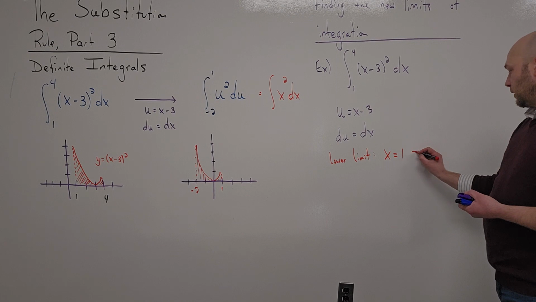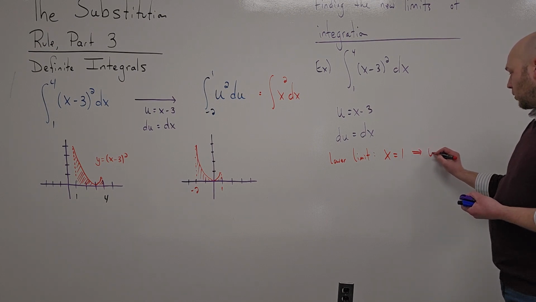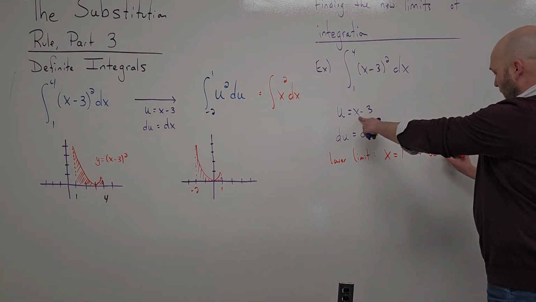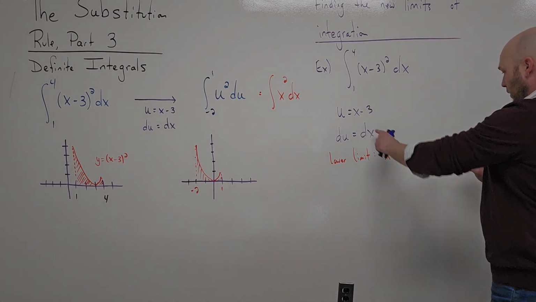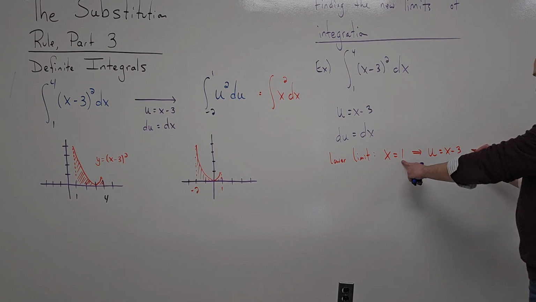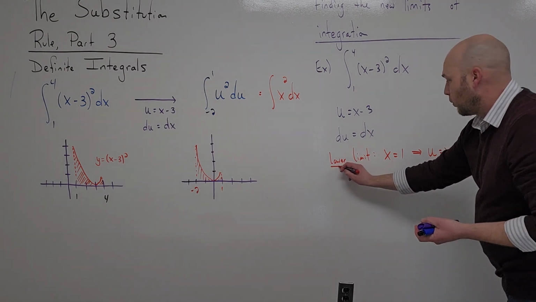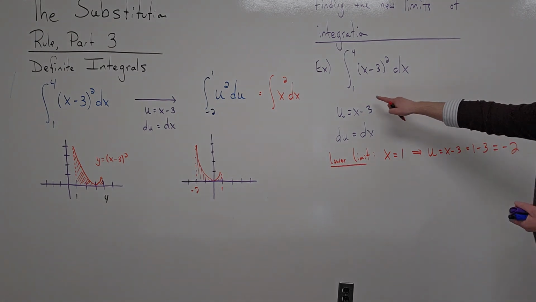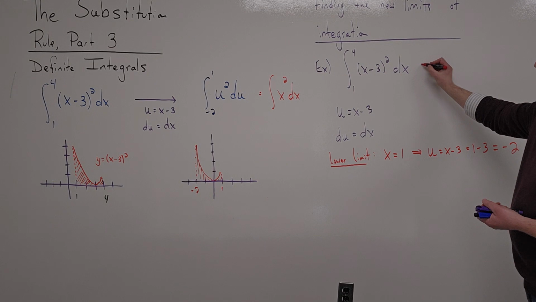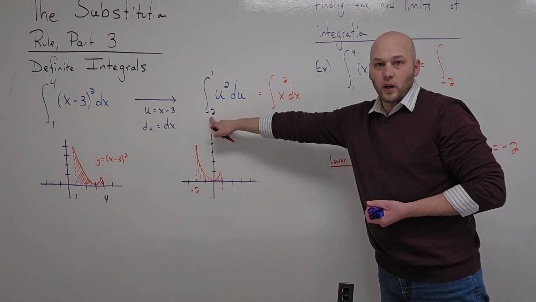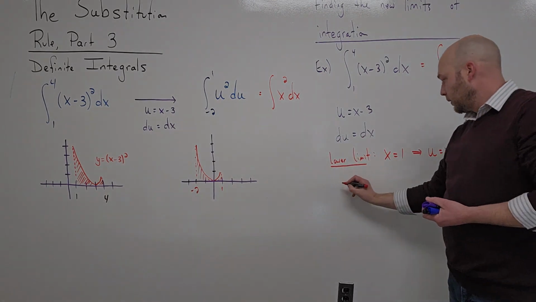So then what I do is I'm going to find the corresponding u limit of integration. Well, I know u is x minus 3, and x is 1, so this is 1 minus 3, which would be equal to negative 2. So my new lower limit of integration is negative 2. Of course, that's what we have over here, right? It should match.